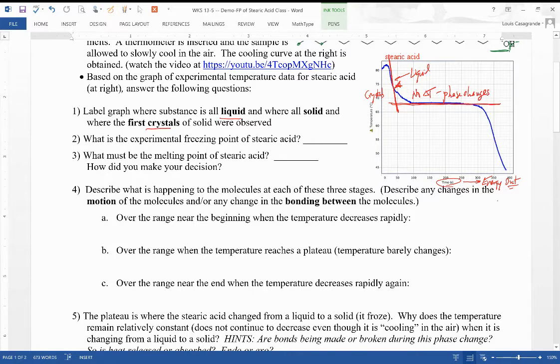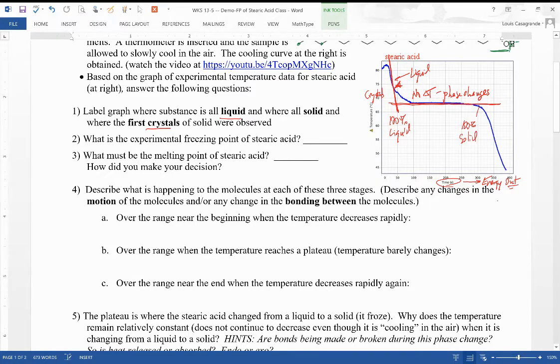And we'll talk a little bit more about that in a few minutes. So these phase changes, we're going to start off over here 100% in the liquid phase. And as we move to the right, we're going to slowly get it to be 100% in the solid phase.